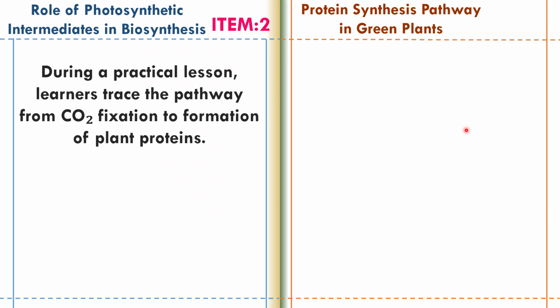Let's go now to the role of photosynthetic intermediates in biosynthesis. Item 2. Emphasizing the protein synthesis pathway in green plants. During a practical lesson, learners trace the pathway from carbon dioxide fixation to formation of plant proteins.